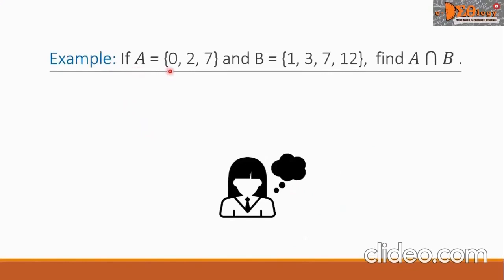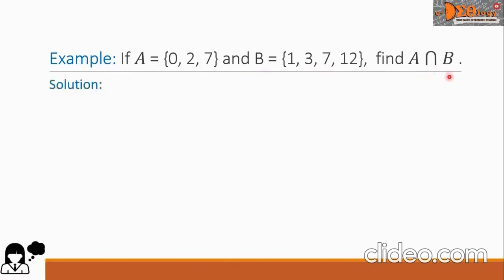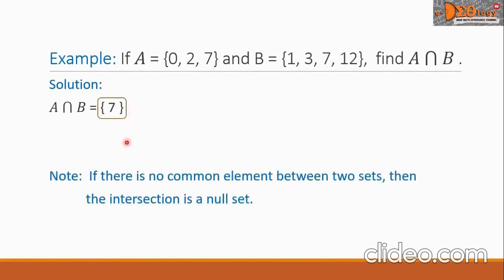If set A equals 0, 2, 7 elements, and B equals 1, 3, 7, and 12 elements, find A intersect B. We can see that the common element for A and B is that number 7. So we write it here. So this is the final answer. There is a note. If there is no common element between two sets, then the intersection is a null set.